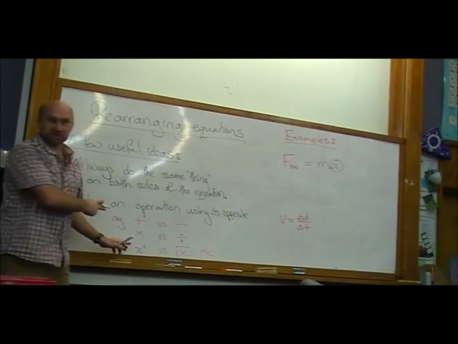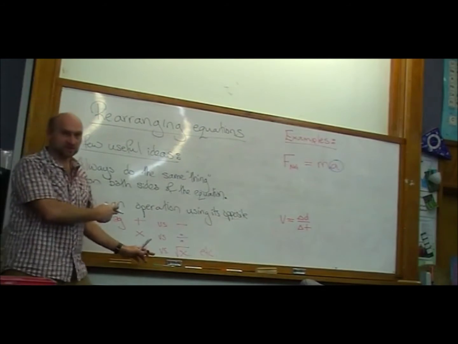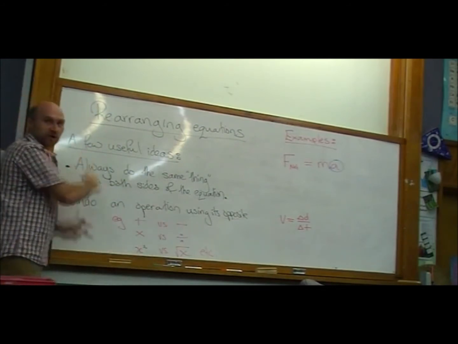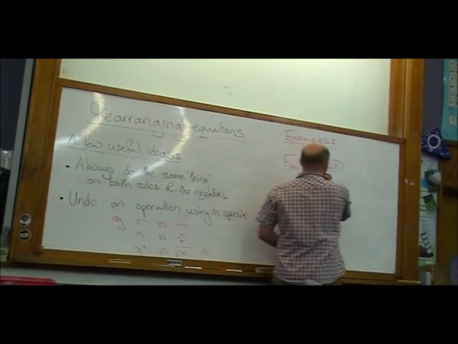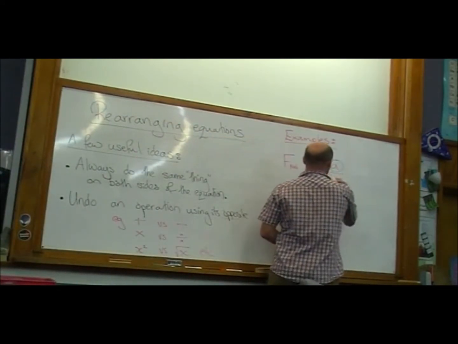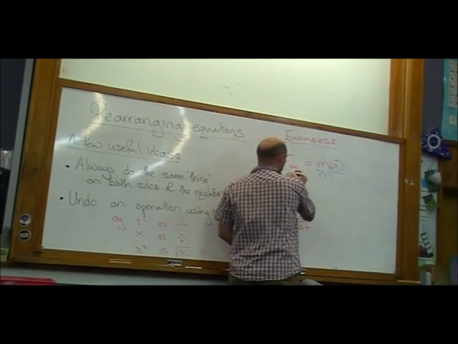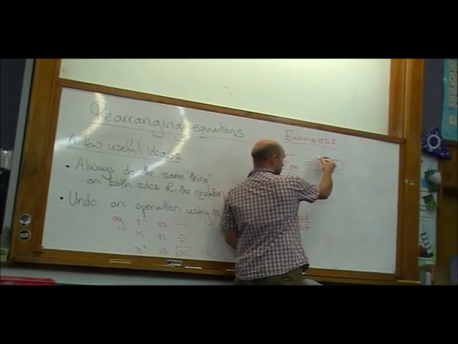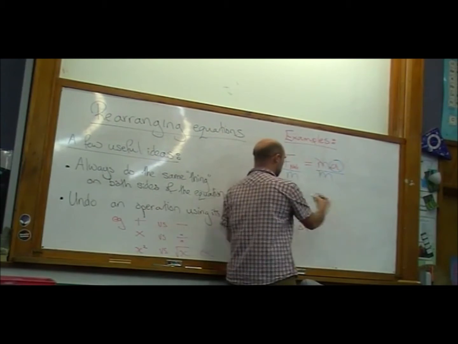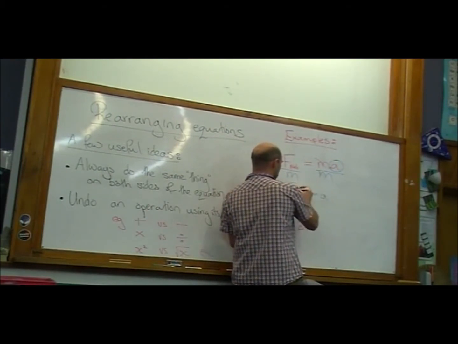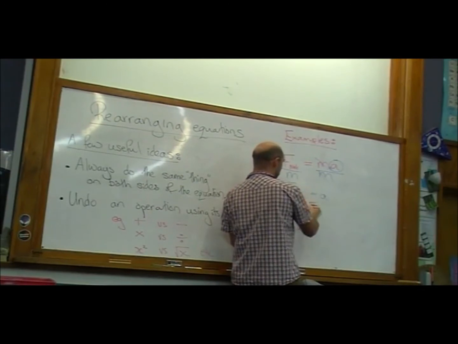What's the opposite to times? Divide by. Always do the same thing on both sides of the equation. Divide by M, we're trying to get rid of the M and leave the A. Divide by M. And so the top one and the bottom one just cancel, and we're left with A equals F net over M.